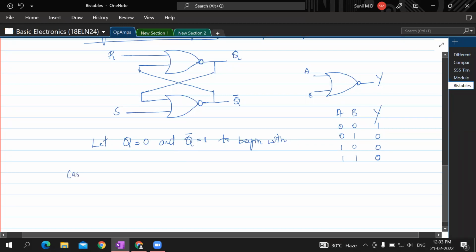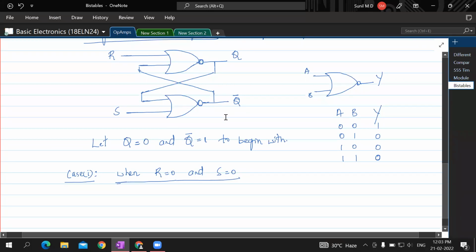Let's see case number 1 now. Case number 1 is when R equal to 0 and S equal to 0, and our outputs are 0 and 1, suppose.